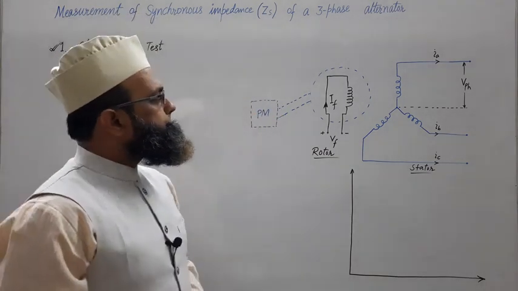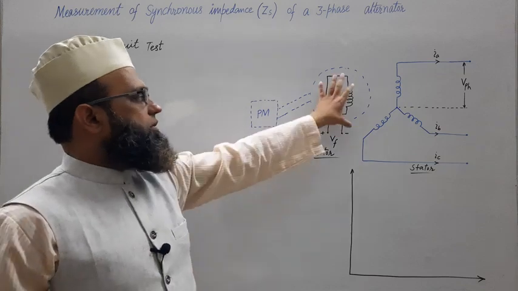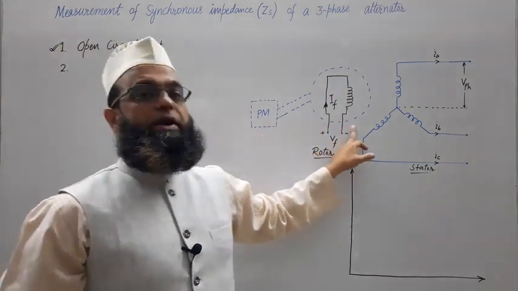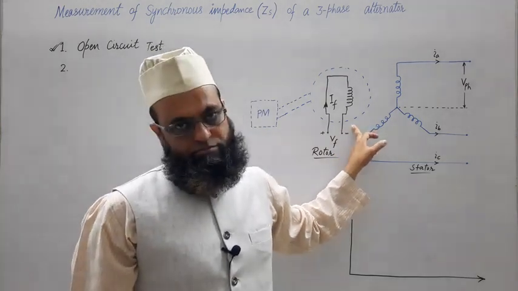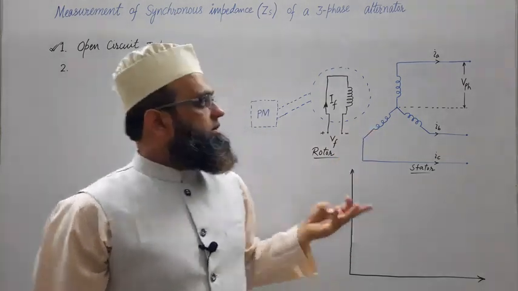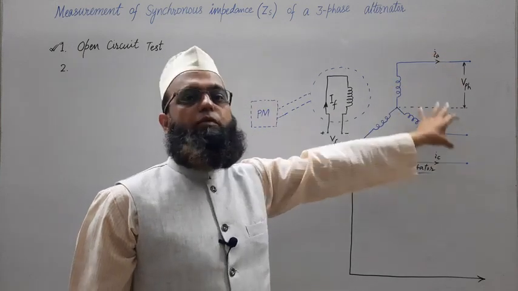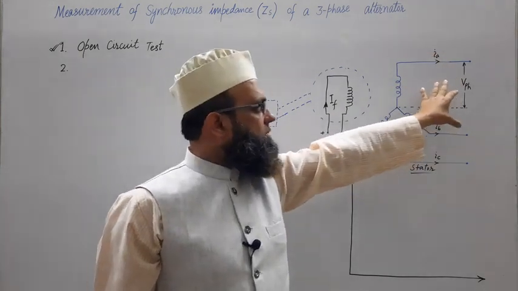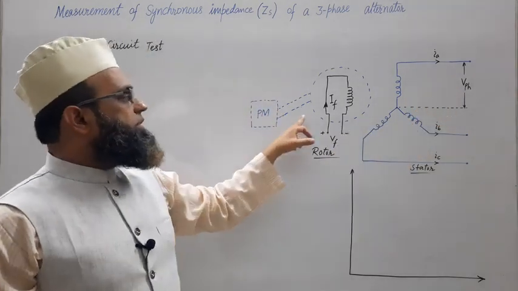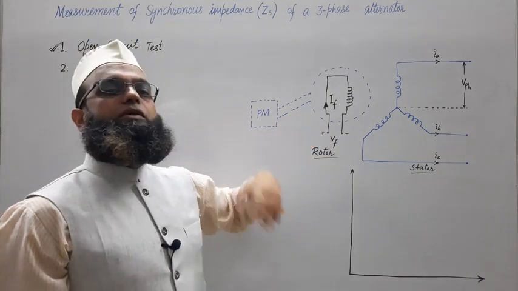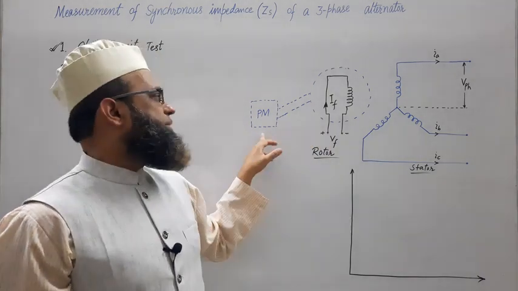The rotor, driven by some prime mover, is rotated at synchronous speed. So point number one, keep the stator terminals open circuited. Point number two, run the field winding, that is the rotor, at synchronous speed by means of a prime mover.